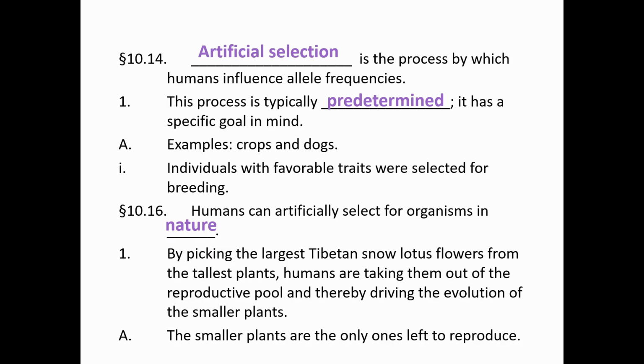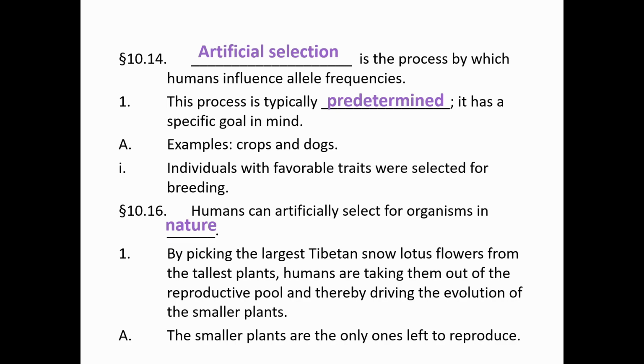If we look at, for example, the Tibetan snow lotus flowers, humans were taking the largest ones from the tallest plants. And so the large, tall ones never got to really reproduce well, which meant the plants are getting smaller and smaller because the small plants are the only ones left in order to reproduce because we've taken all the large ones out.